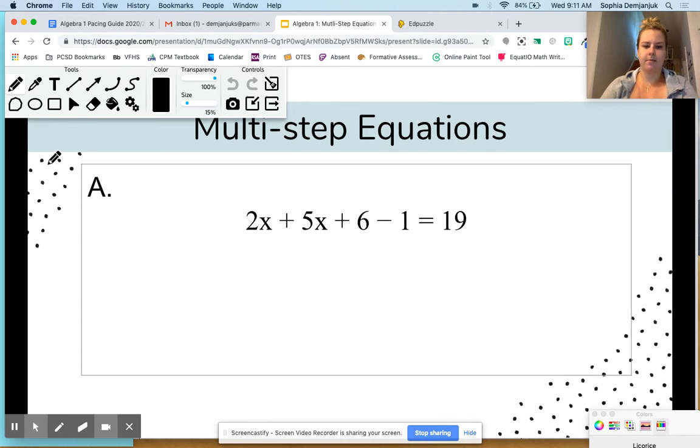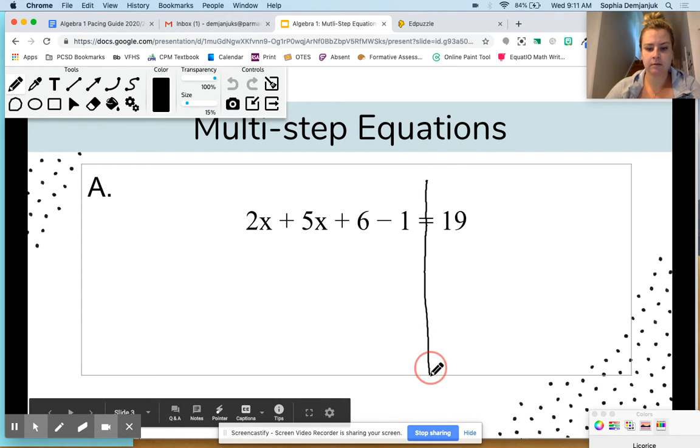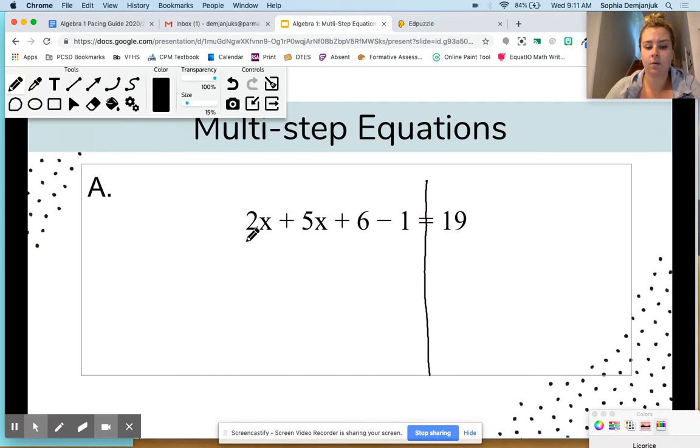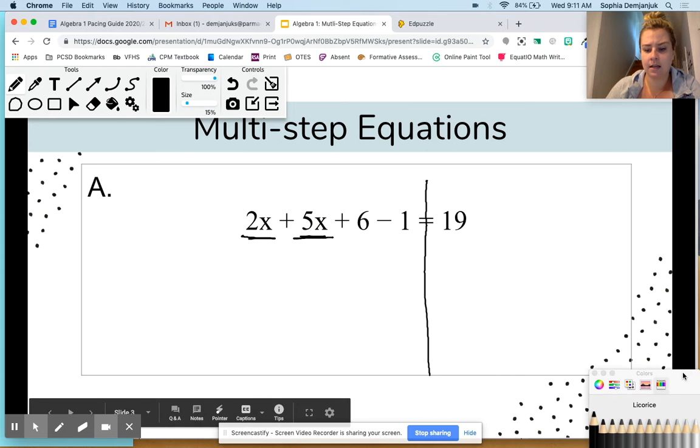Here's our first example. We're given 2x plus 5x plus 6 minus 1 equals 19. We start by drawing the line down our equal sign. And we can see when we're working on the same side, so we're working on the left side right now, I have two of the pieces that have an x in it.